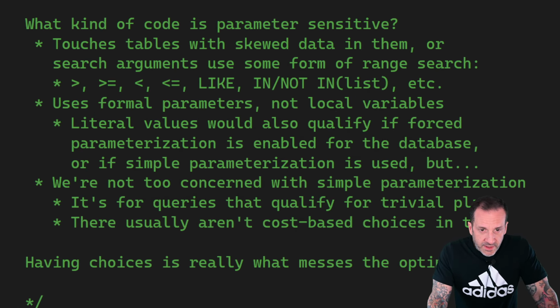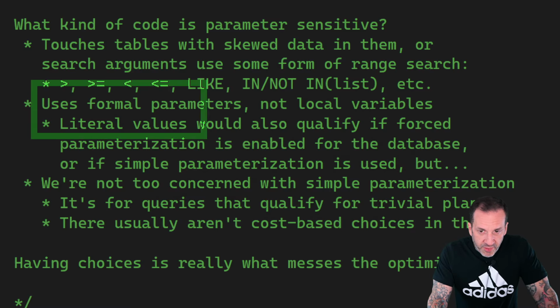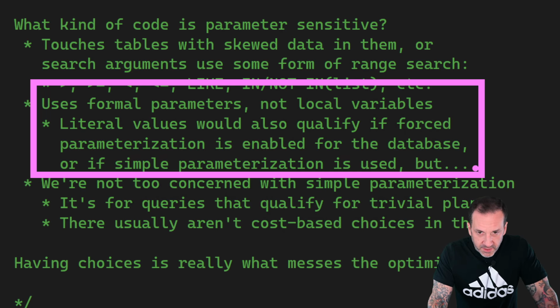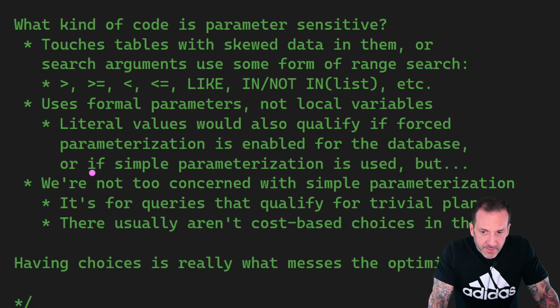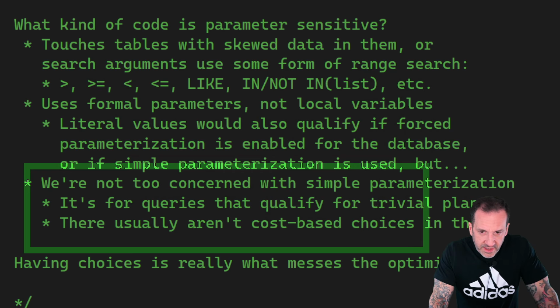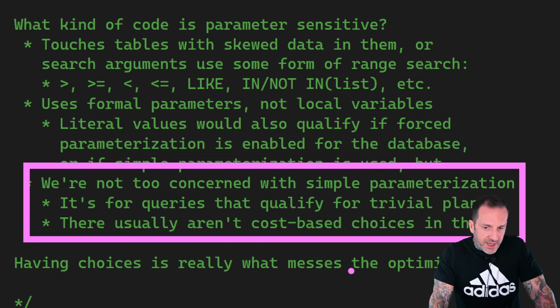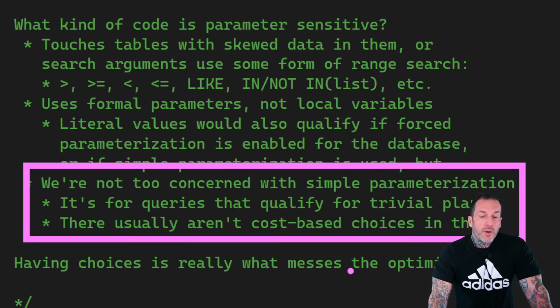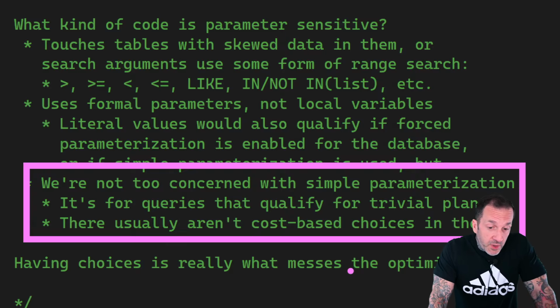But other things about it is you will be using formal parameters and not local variables, right? Local variables do not have parameter sensitivity issues because their cardinality estimation is treated much differently from that of formal parameters, literal values, and other such things. We're not too concerned with the concept of simple parameterization here because it's really only used for queries that qualify for what's called a trivial plan, and trivial plans do not really have any cost-based choices.